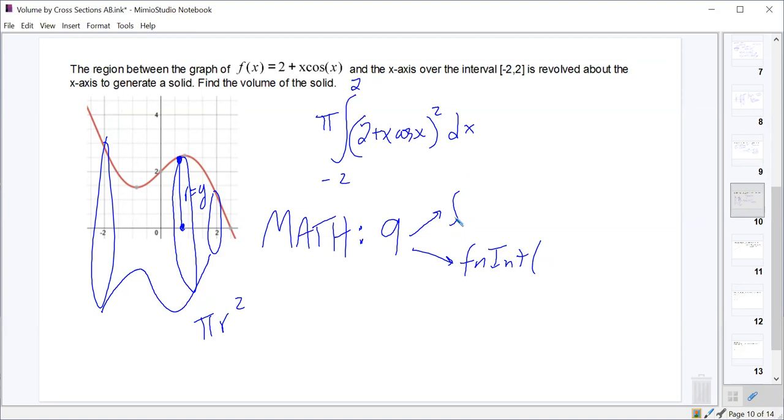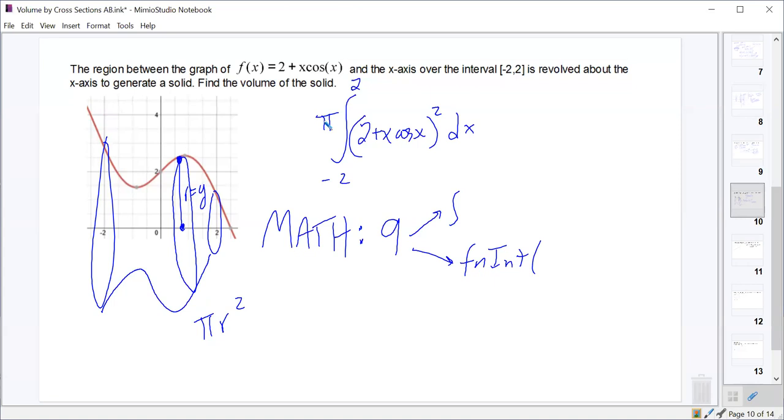If your graphing calculator is newer, it will give you the integral sign, and you'll probably be able to figure out what to do. You'll type in -2 as the lower limit, 2 as the upper limit. You'll type 2 plus x cosine x squared, and then there'll be a little d at the end with no variable attached to it. You'll type an x in there, and you'll evaluate your integral, and don't forget to multiply it by pi afterwards.